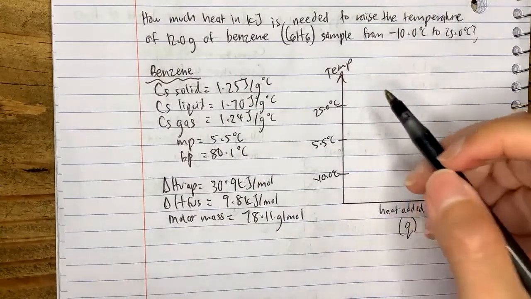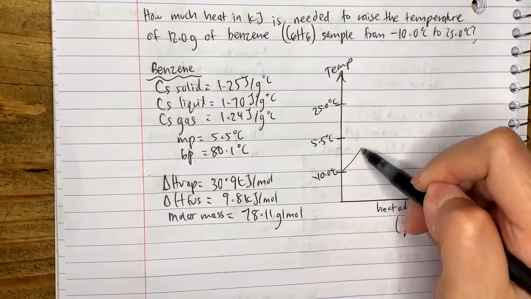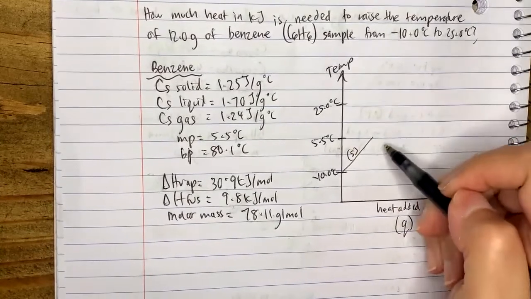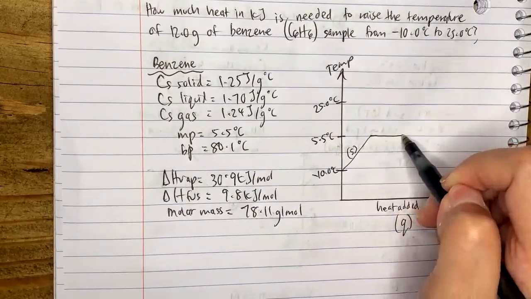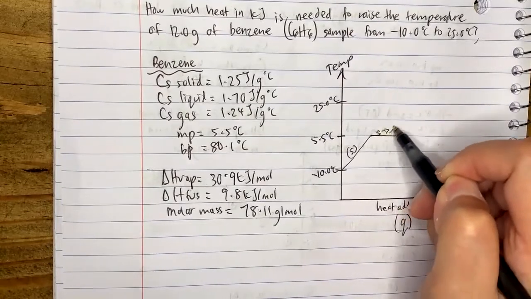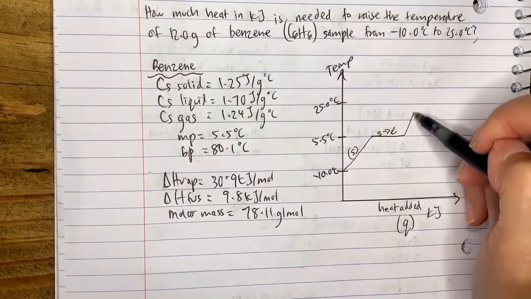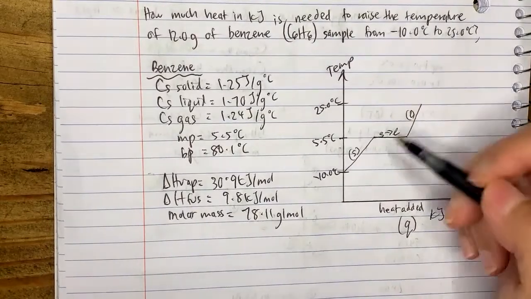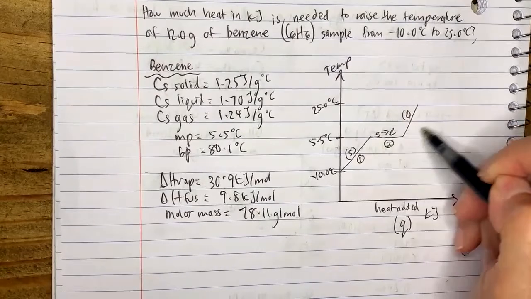Okay, so when you add heat, at first you start -10 to 5.5. This is going to be in solid phase because it hasn't melted. Once it hits 5.5, it will melt from solid to liquid, and then it will go up in temperature as a liquid to 25 degrees Celsius. So there's only 3 steps, 1, 2, 3.